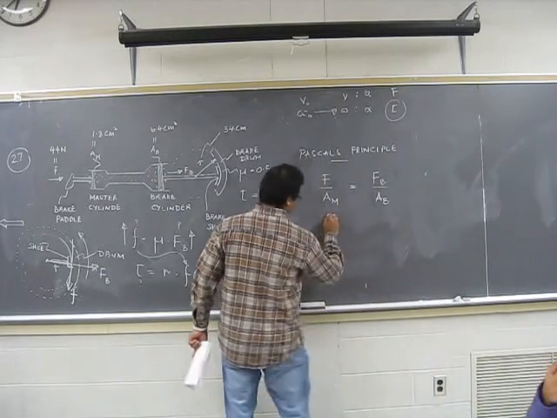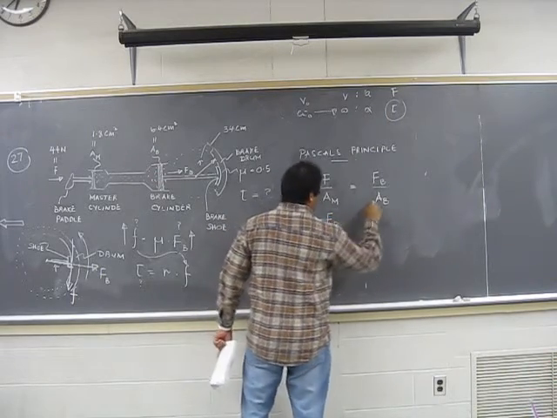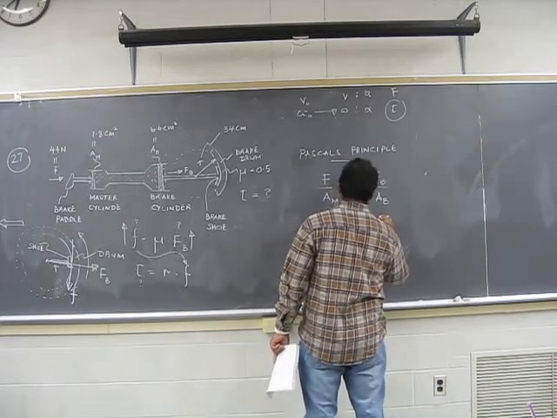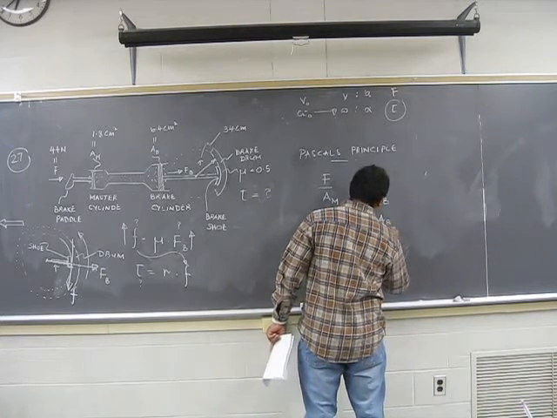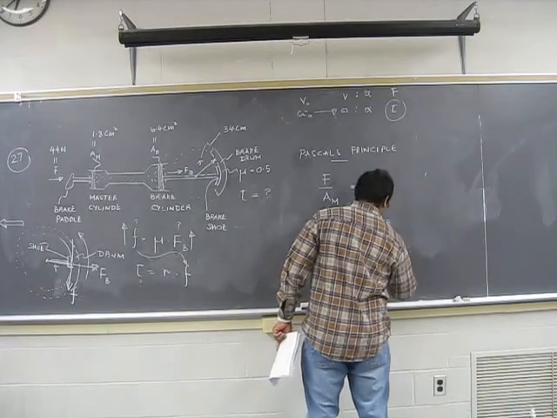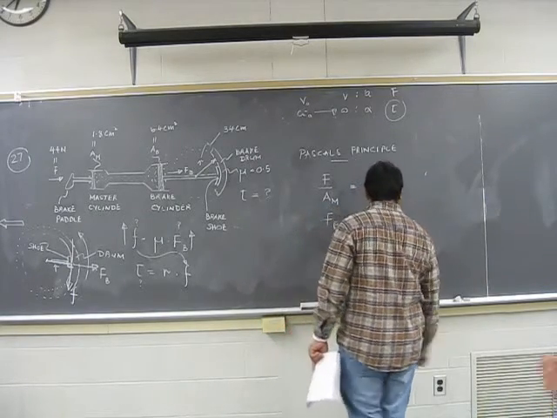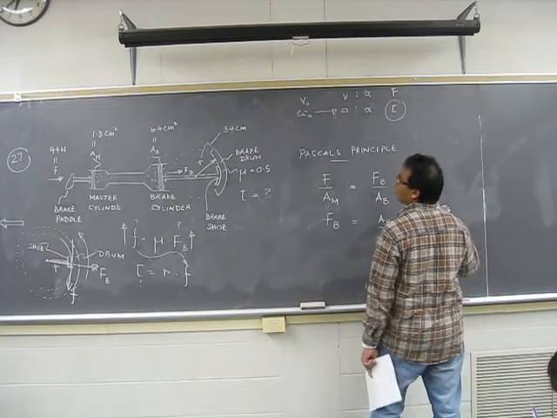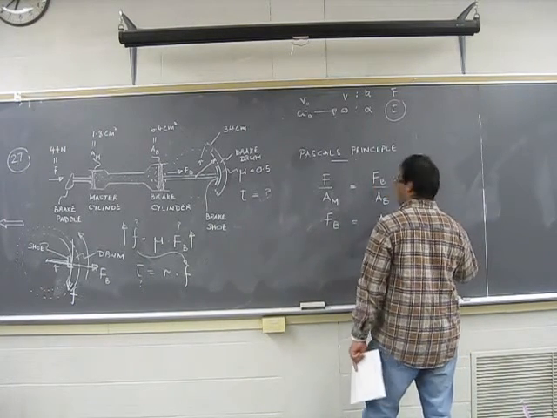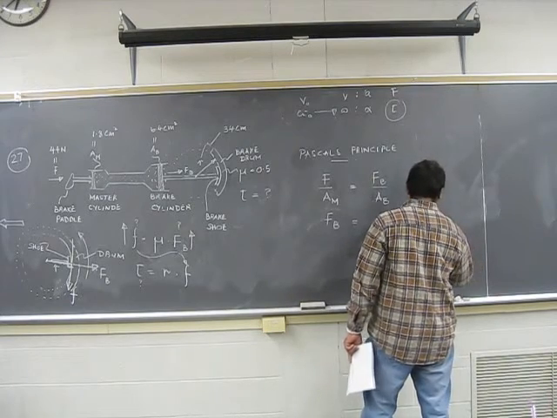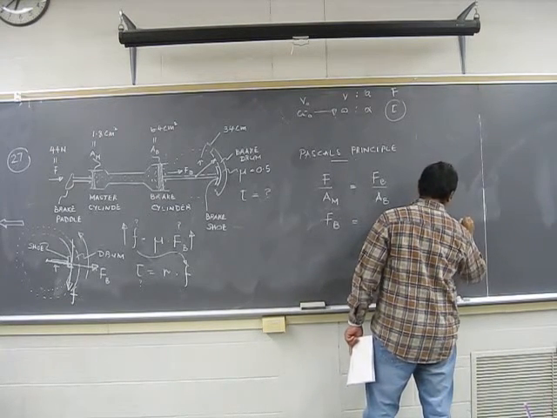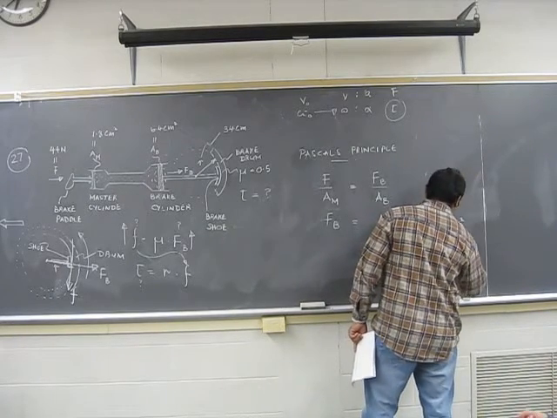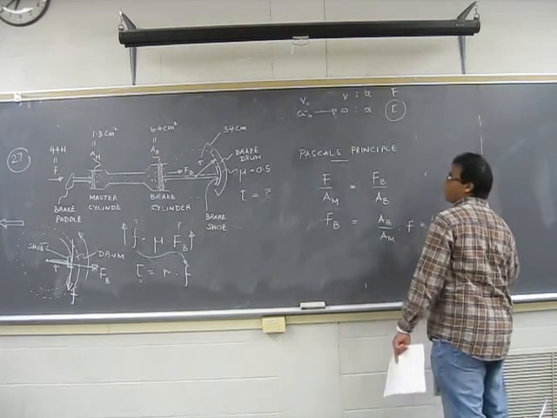If I can isolate FB, all I need to do is multiply both sides by AB, and then I have FB equals AB divided by AM times F. So I'm going to put in the numbers, and then I'm going to stop and let you do the calculation. So AB is 6.4 centimeters squared, AM is 1.8 centimeters squared, times 44 Newtons.